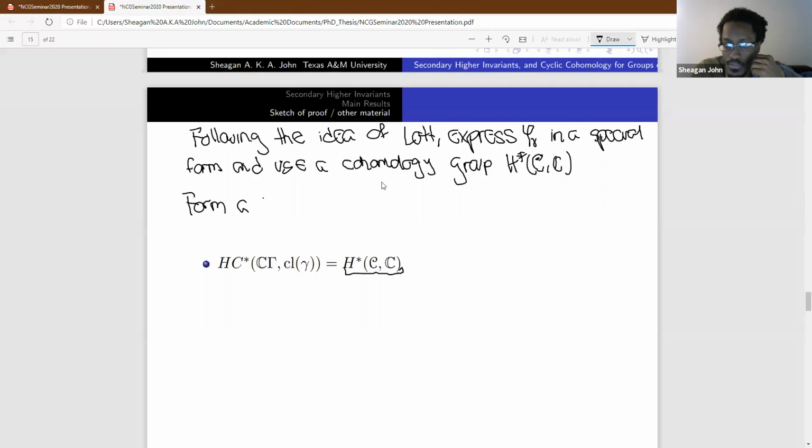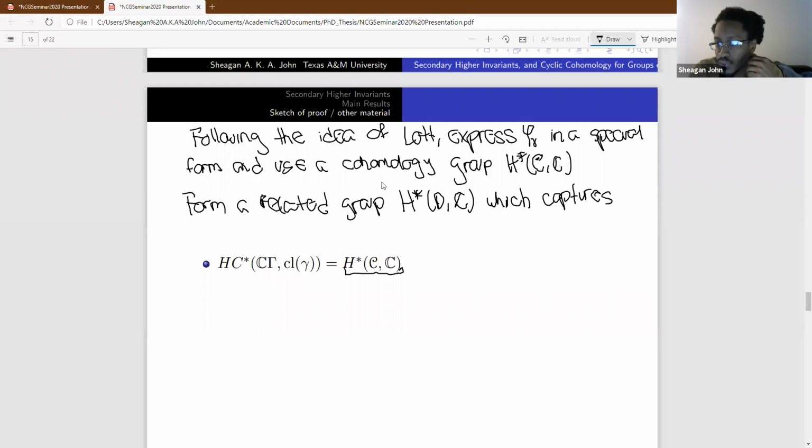So we form a related cohomology group, let's call it D. We form a larger, related cohomology group which captures, in a sense, the centralizer information.